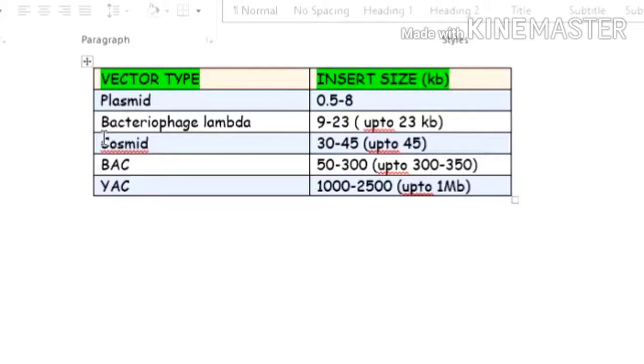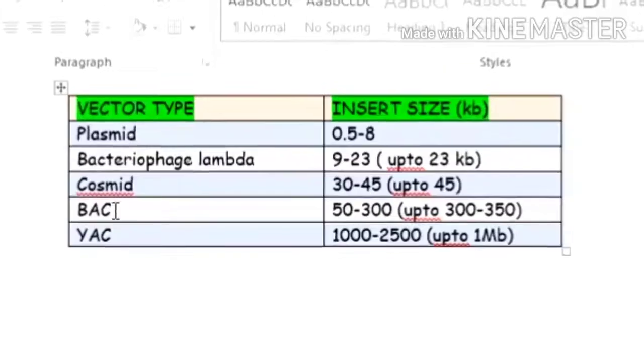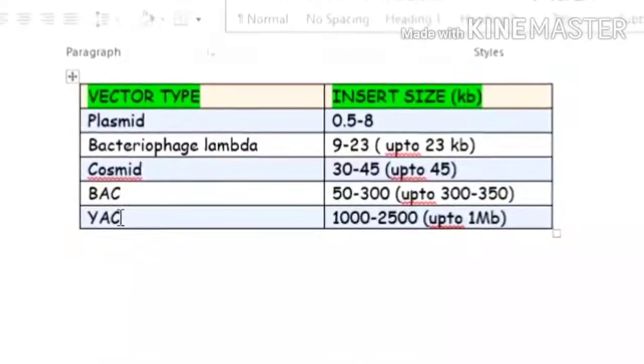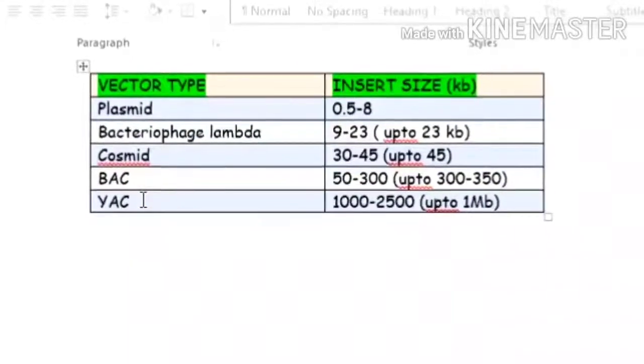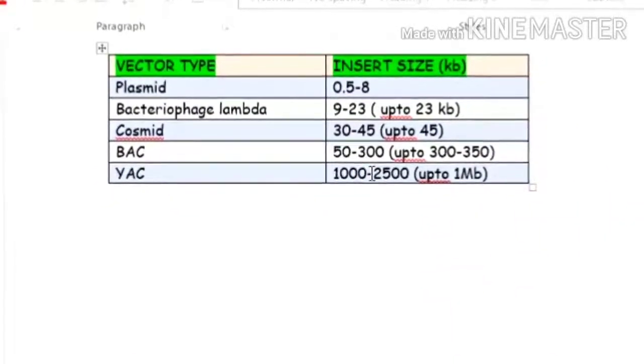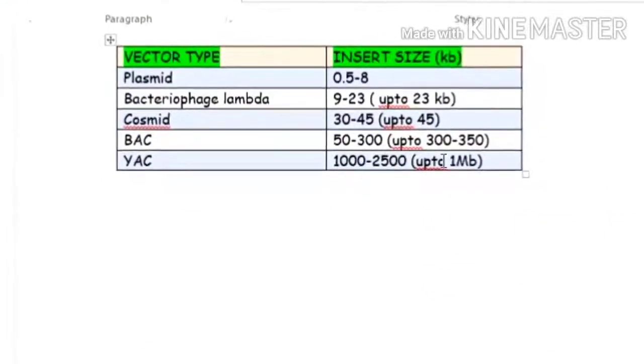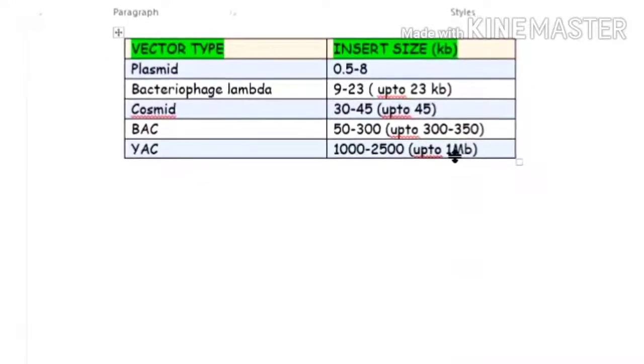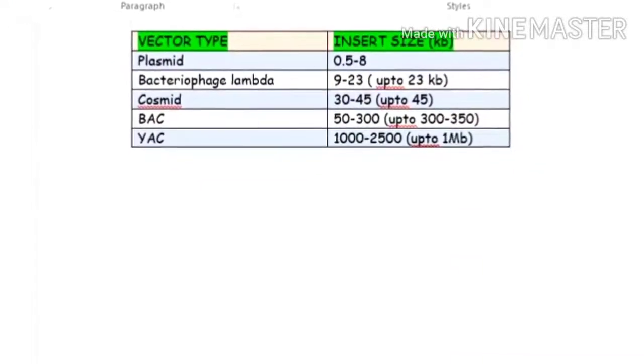A plasmid with the cos site of the phage is known as a cosmid, and it can help in cloning nearly up to 45 kb. Then there are BACs and YACs. BAC means bacterial artificial chromosome, and YAC means yeast artificial chromosome. They can help in cloning up to 1000 to 2500 kb, meaning up to 1 megabase pair.